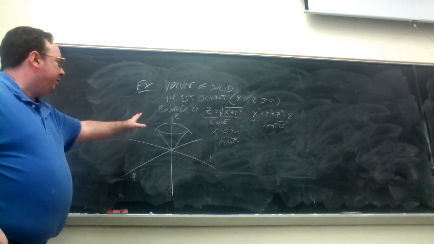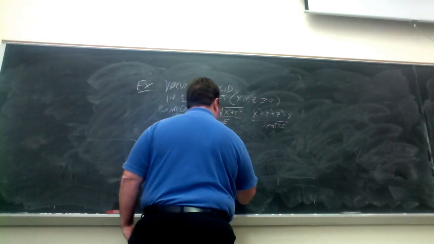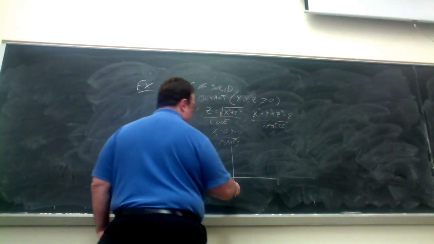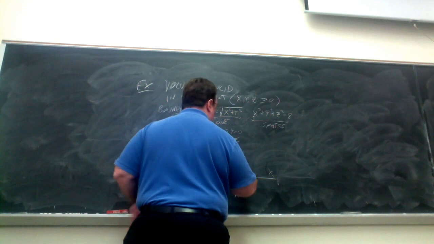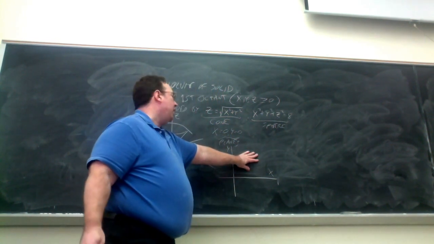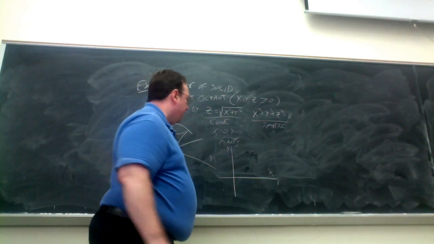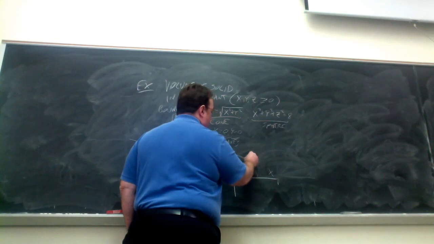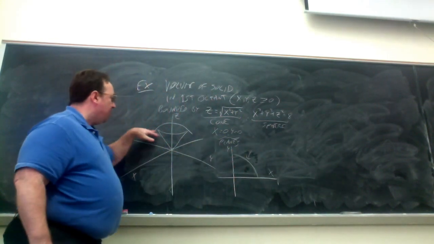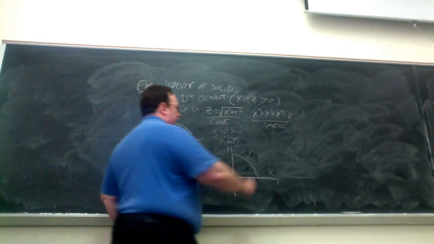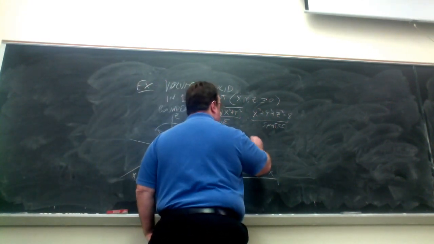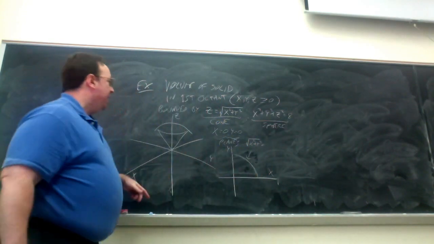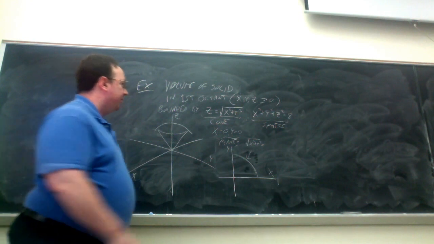So this is the three-dimensional view. If we look at this from above, just x and y, we're only in this first quadrant, because x and y have to both be non-negative, and you have some circular boundary here. The furthest extent of this region is where the cone and the sphere meet. So the cone is square root of x squared plus y squared, and this is the z value for the cone, and it has to meet the z value for the sphere.